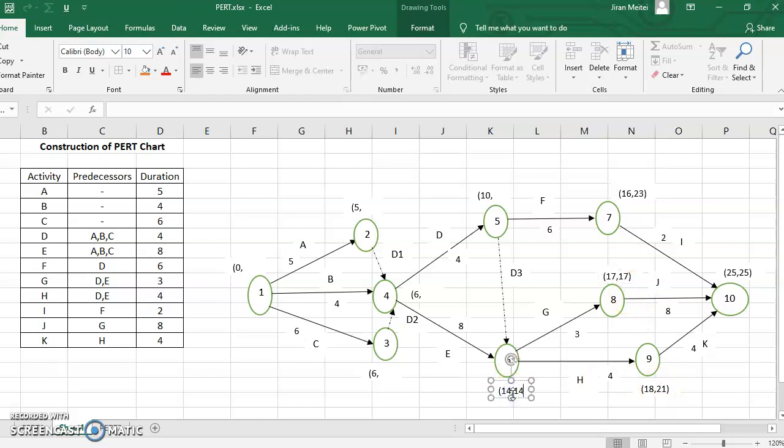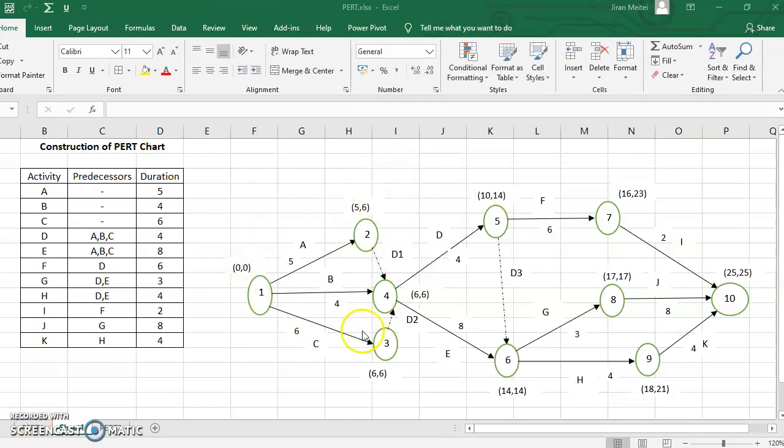You will be writing 14 over here. So two arrows were going out of this. When you fill up the second number, you'll be taking the minimum moving backward: 17 minus 3 and 21 minus 4. So 14. Similarly, we'll be filling up the second numbers of the brackets of the remaining nodes of the network. Let's do it.